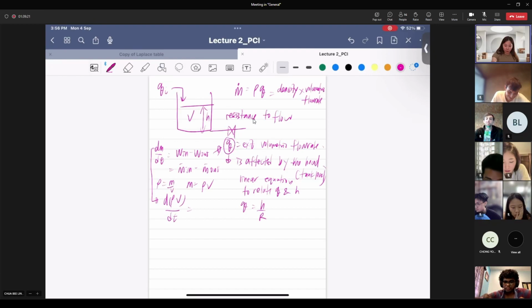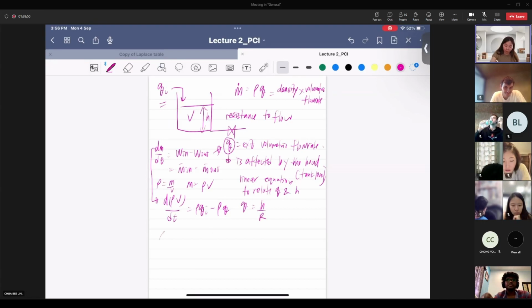So it will be density times inlet volumetric flow rate, minus density times exit volumetric flow rate. The density will be constant because it is the same fluid. So in and out will have the same density, so density will be cancelled out later on.